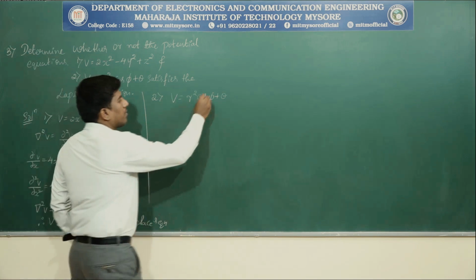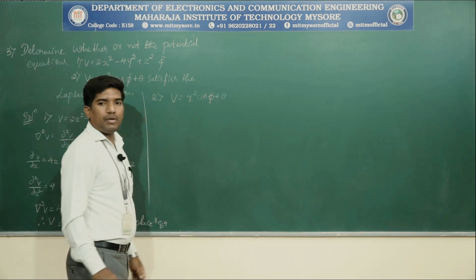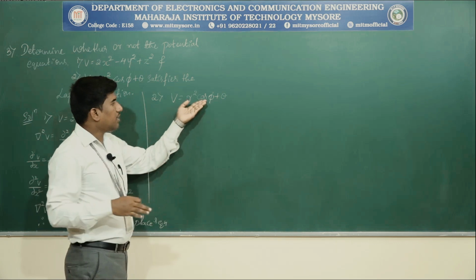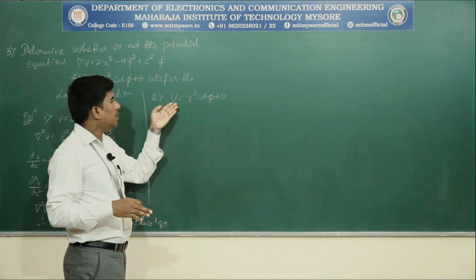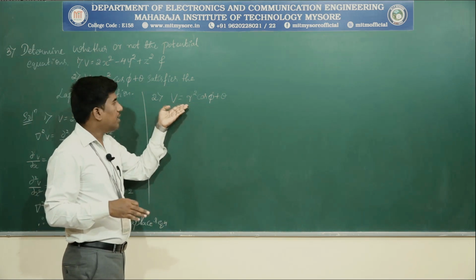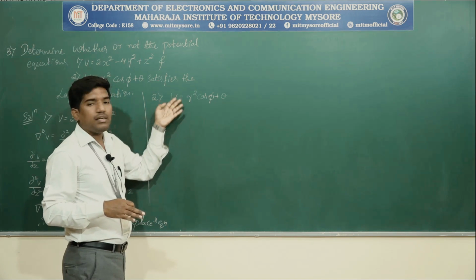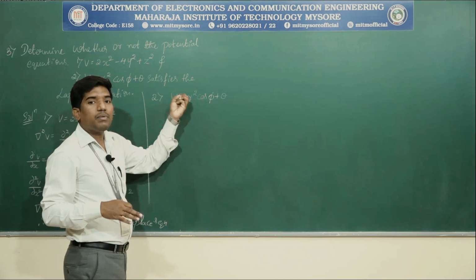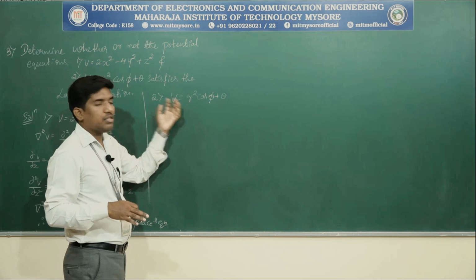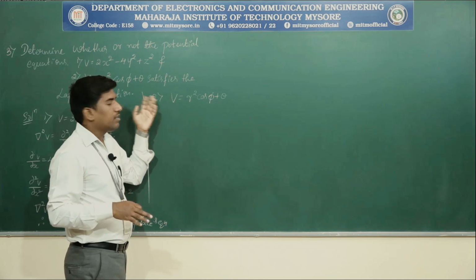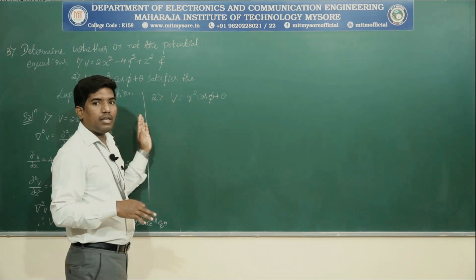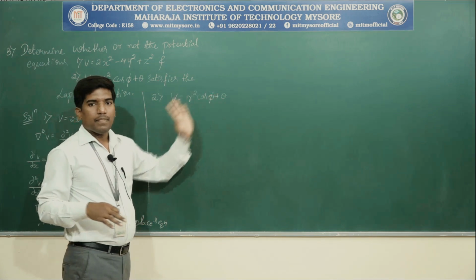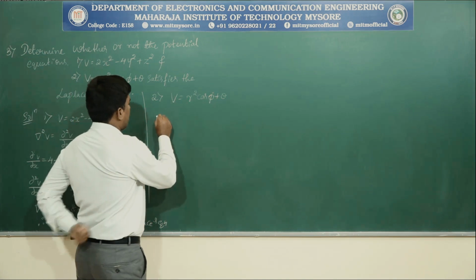We need to consider all three components. In the previous case, we neglected the phi component because V does not contain phi. But here, V has all three components of the spherical coordinate system. That means we need to evaluate the Laplace equation for the entire spherical coordinate system.